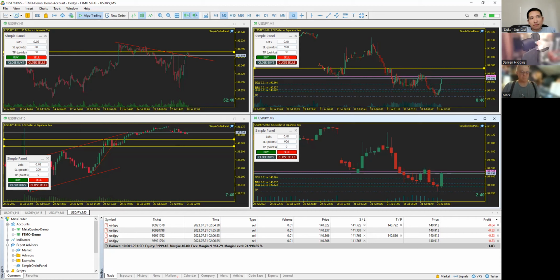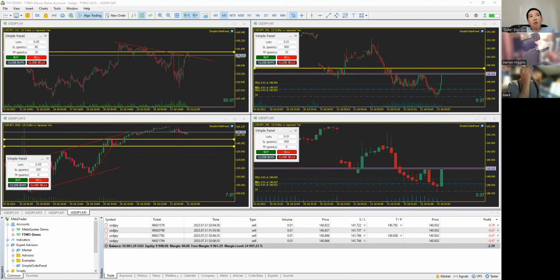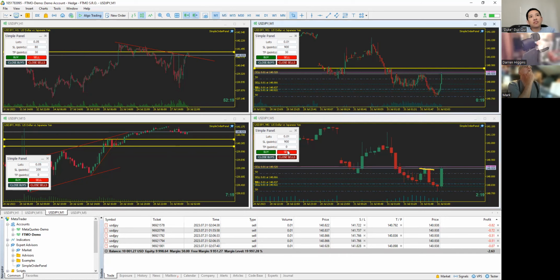Yeah. So right now, this would have been a doji on a Heikin-Ashi because it pulled back to the last candle, which is right here. So then I'm going to add to my sells.